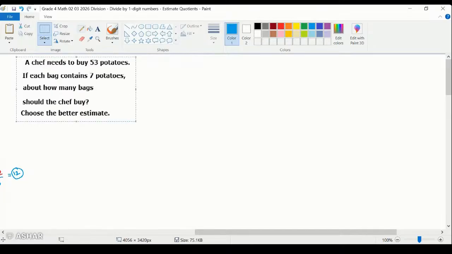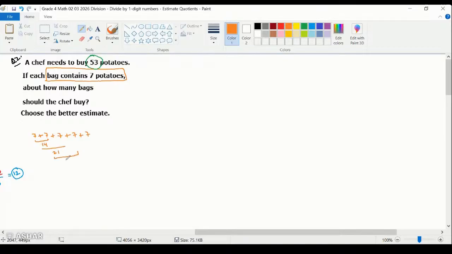If each bag has 7 potatoes in it, right? And the chef needs to buy 53. Okay. So what happens over here is, if I do it like this, 7 plus 7, what is the total now? 7 plus 7 was 14. 14 plus 7 is 21.